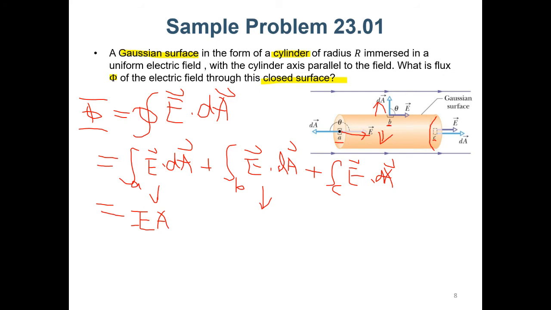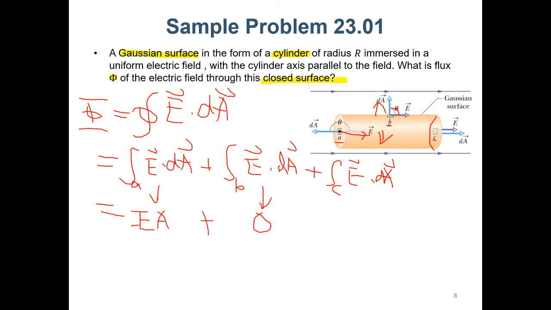You can imagine for the cylinder, the area vector points to this side for this point, upward for this point, and downward for that point. So it's always the radial direction. As E is pointing to the right side, they are always perpendicular to each other, which means cosine theta is 0. That means the inner product between E and dA is always 0. So this term is 0.